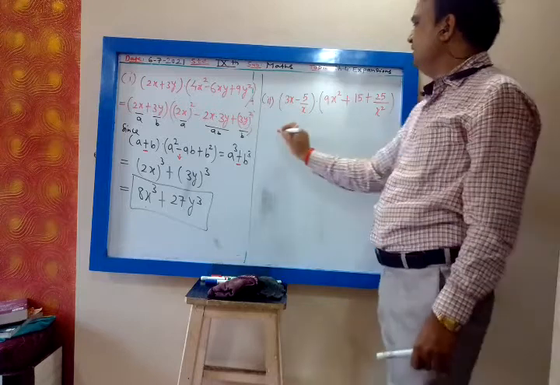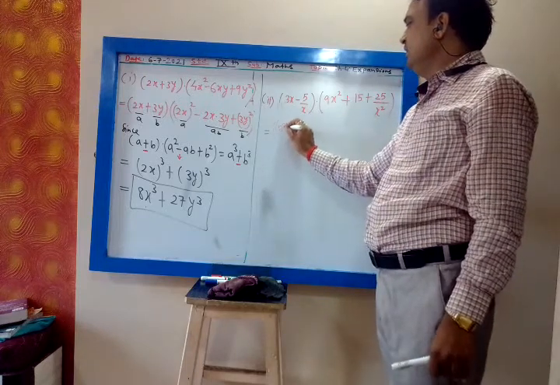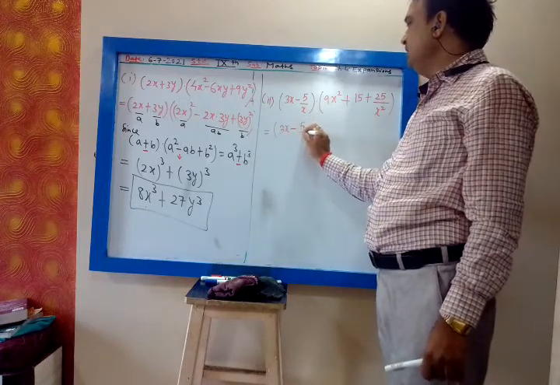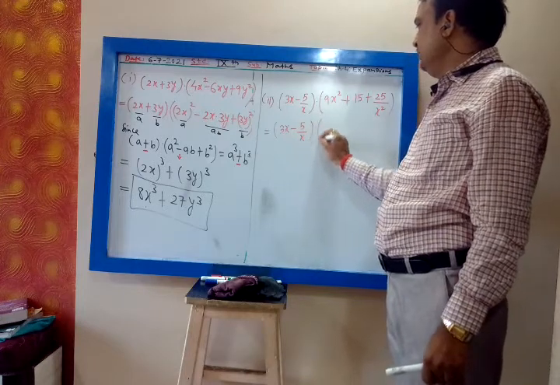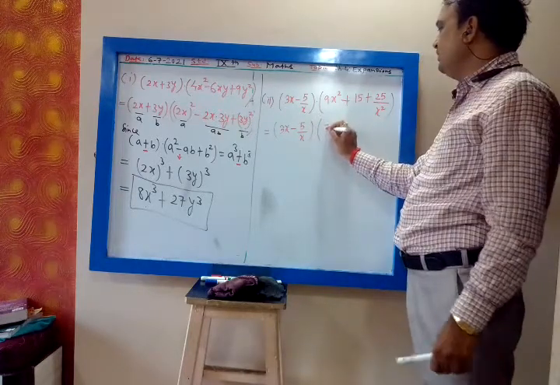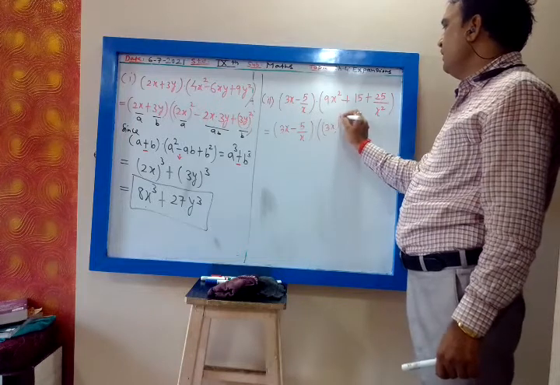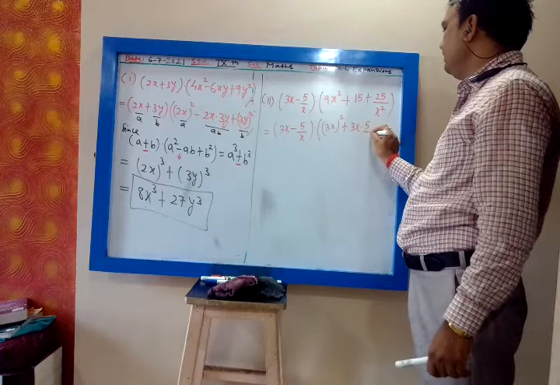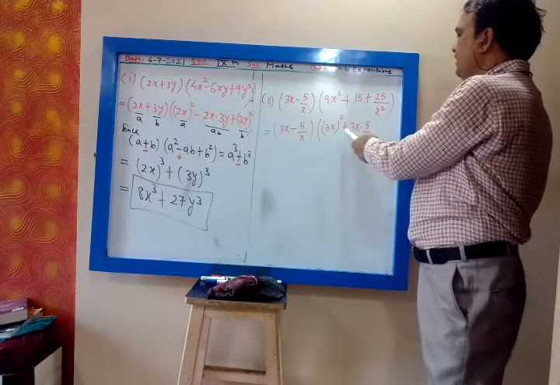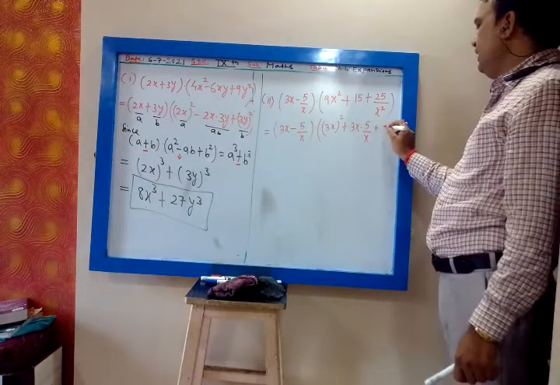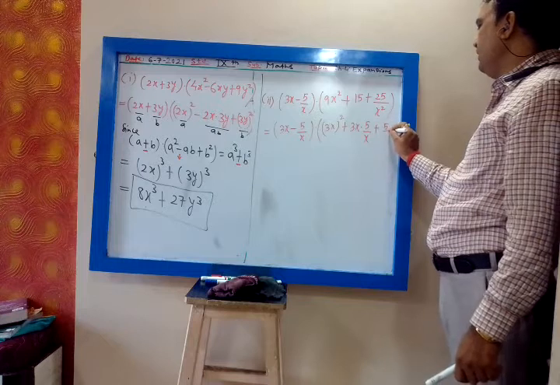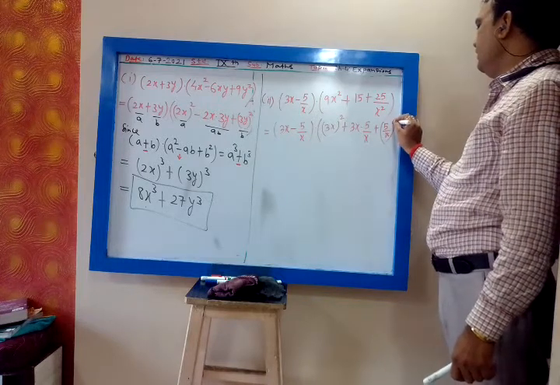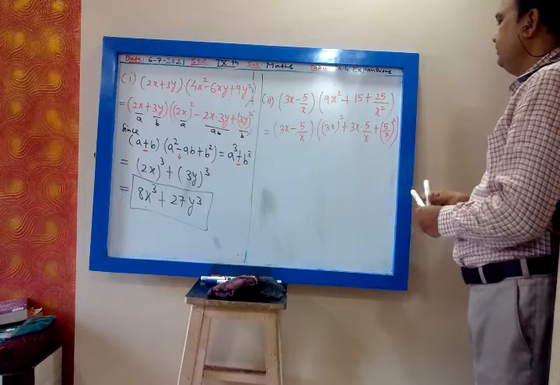You can rewrite this. That is 3x minus 5 by x. 9x square I can write 3x whole square. Now 15 I can write 3x into 5 upon x, x gets cancelled, that is 15. Plus 25 upon x square I can write 5 upon x whole square.